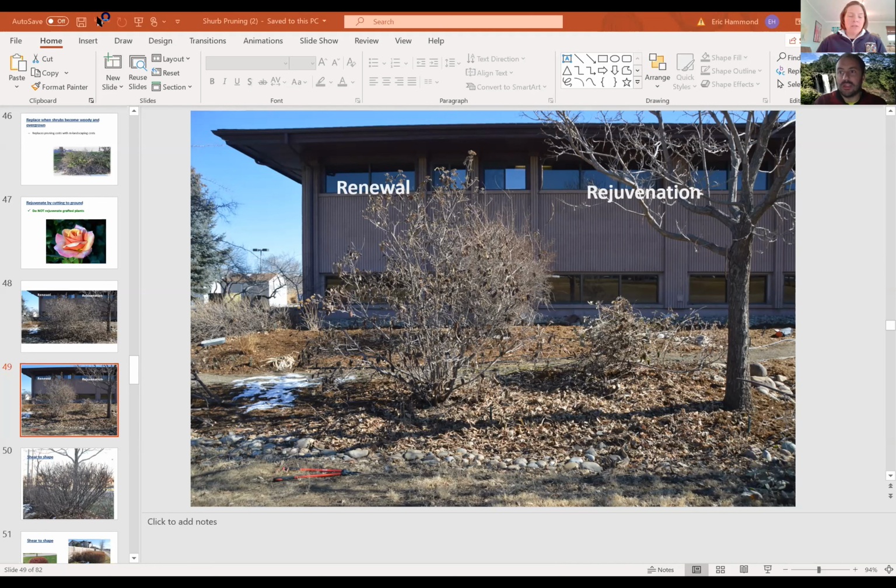Right. So mock orange, I'm trying to remember. Yeah, I generally think mock orange will tolerate rejuvenation, but this is the key to determining yes or no: look at the shrub, and if it's putting up new growth from the base every year, if there are suckers coming from the root system or water sprouts coming from the base, it's almost certainly going to tolerate rejuvenation.